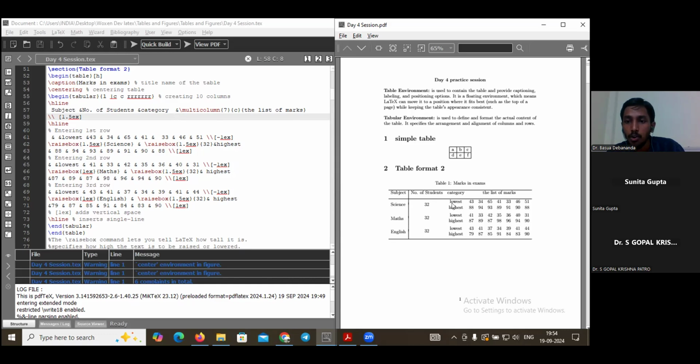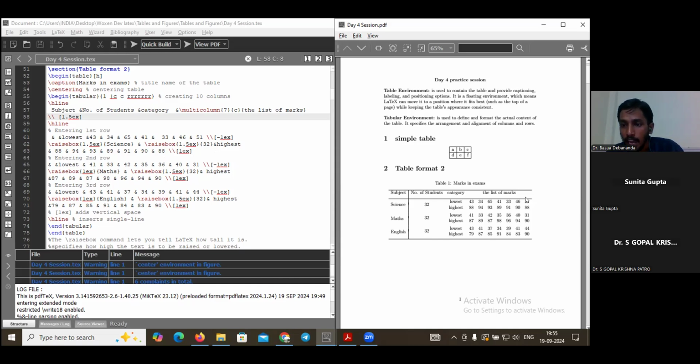See, now here is lowest and here is highest. In between, after lowest, I have written a double slash to get the next line, and I have written minus 1ex. After these numbers for highest, I have written double slash plus 1ex.